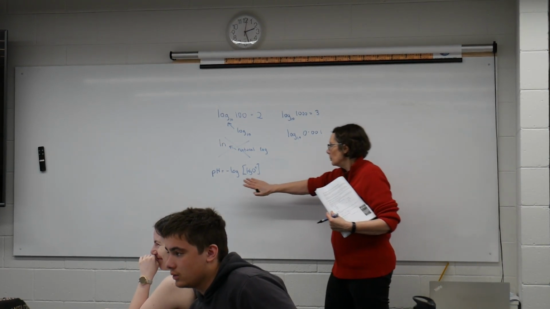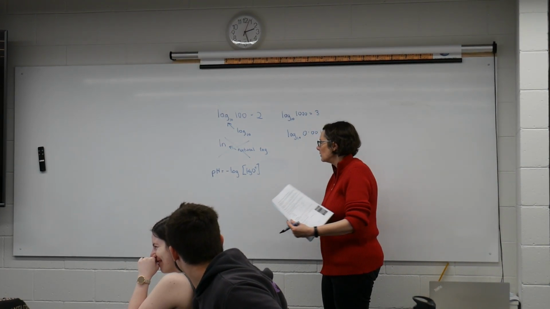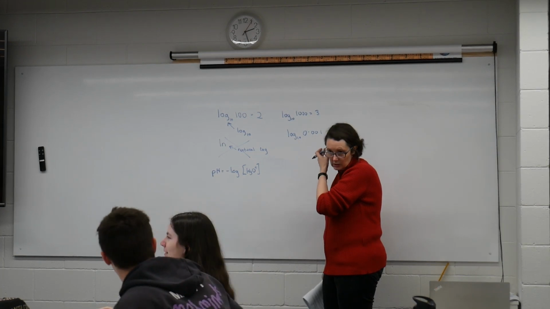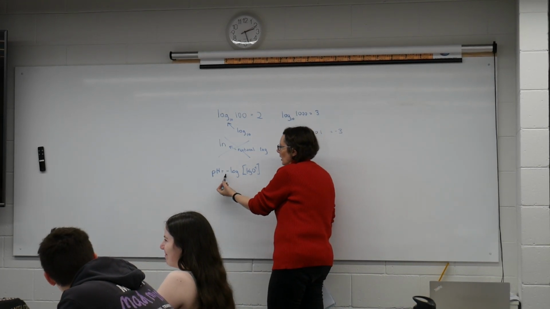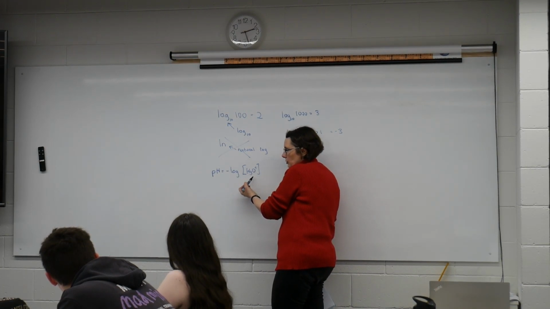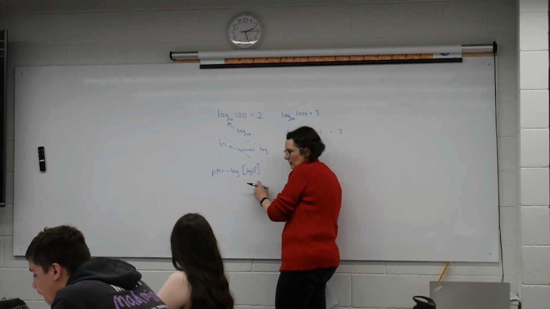And so the pH then, to get that as a number like we're used to seeing, a pH of 6 or 4 or whatever, is the negative log of the concentration of the acid.